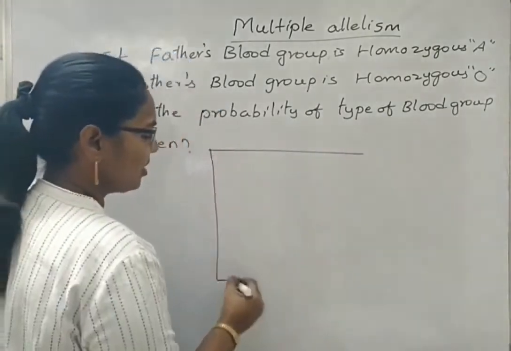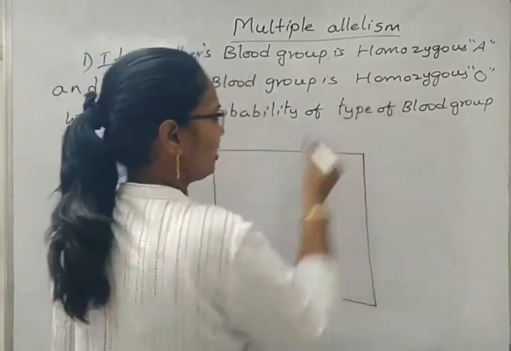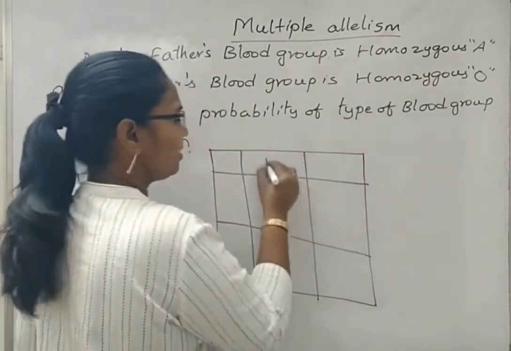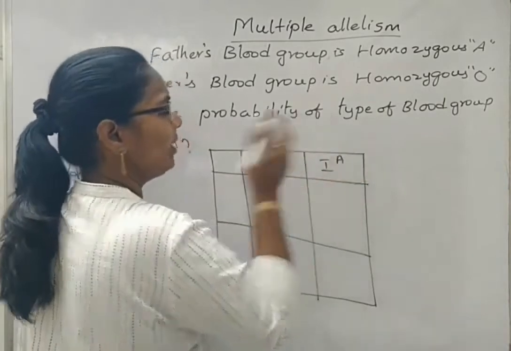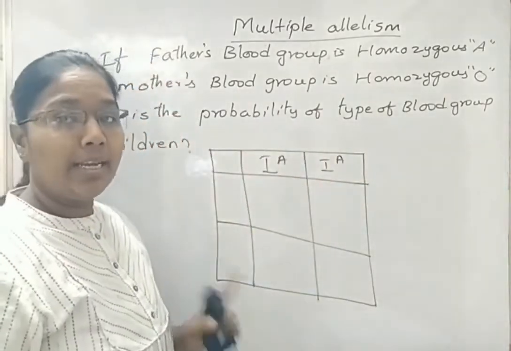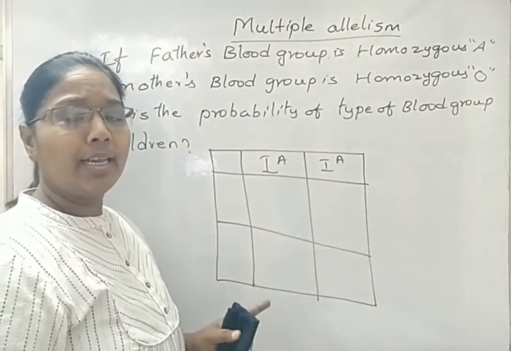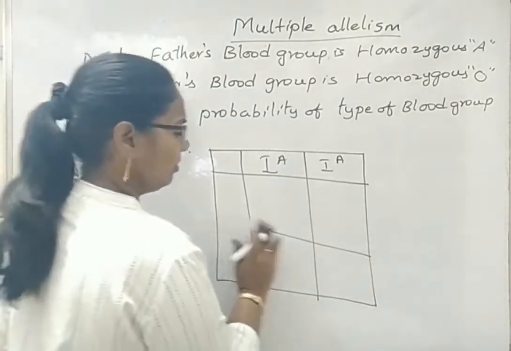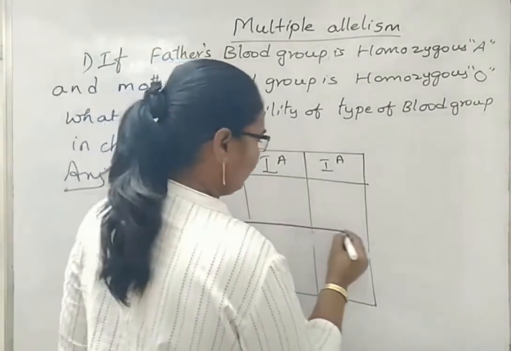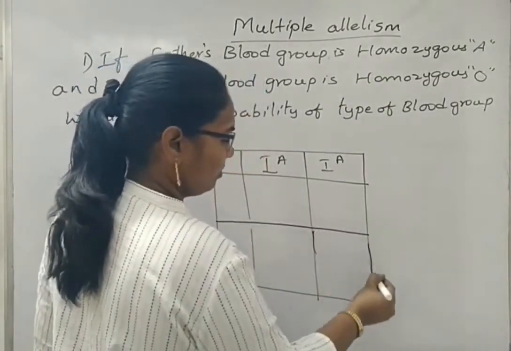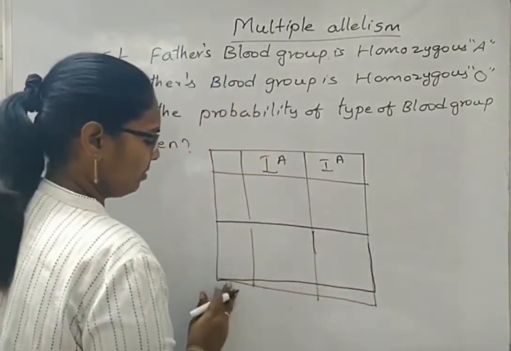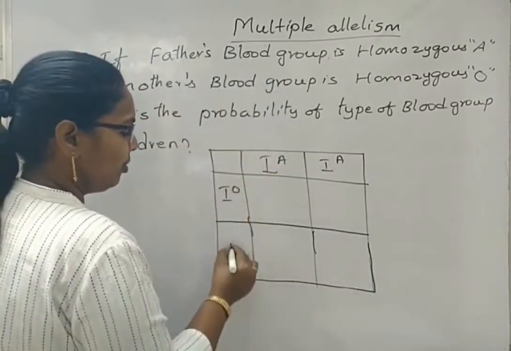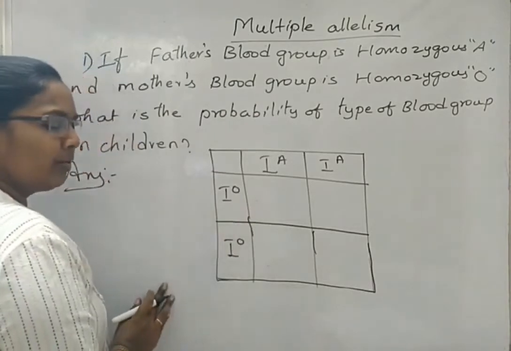So already in the question they have given it as homozygous. We already know homozygous we should express like this: immunoglobulin A, immunoglobulin A for blood group A. If it is heterozygous means then we should write like immunoglobulin A and immunoglobulin O. Immunoglobulin O of mother and immunoglobulin O of mother.